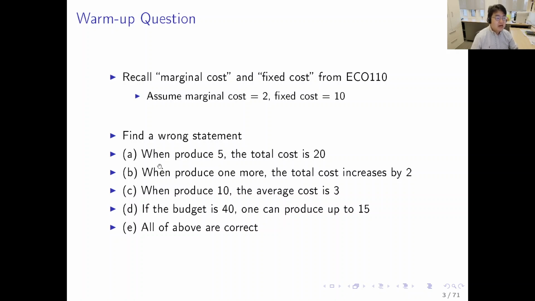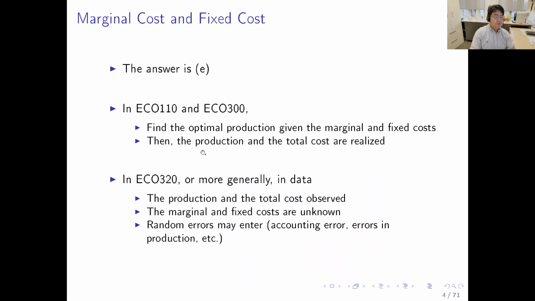I just wanted to show you my intention: if you know these two numbers, you can answer a lot of questions. You can calculate these things. That's what you learned in microeconomics. Microeconomics, roughly speaking, is to find the optimal production or optimal consumption and how they make an equilibrium in the market.